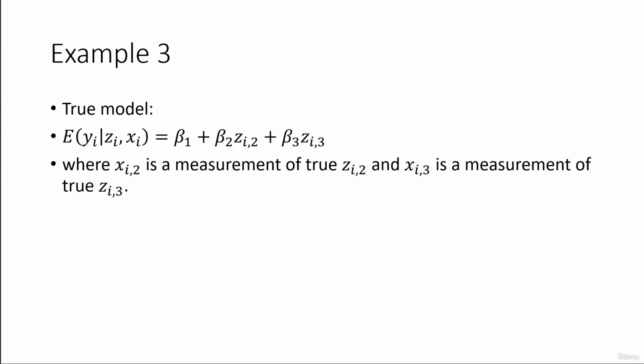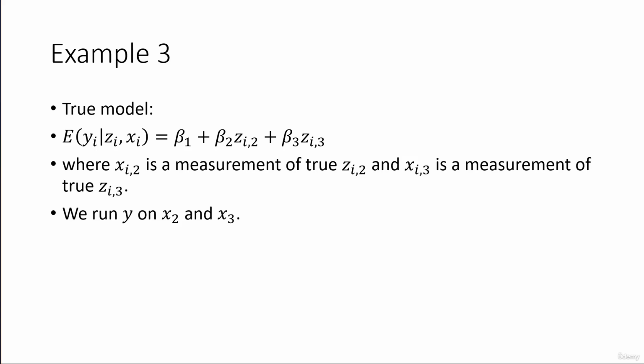So in this case, for example, xi2, the x variable with subscript 2, is a measurement of zi2. And x3 is a measurement of the true z3. Since I don't observe the true variables z2 and z3, only the measurements of those, I run a regression of y on x2 and x3.